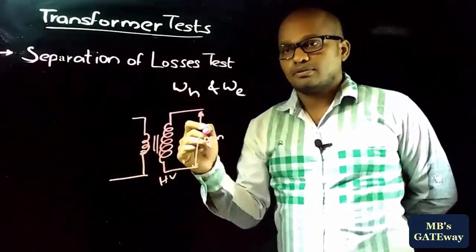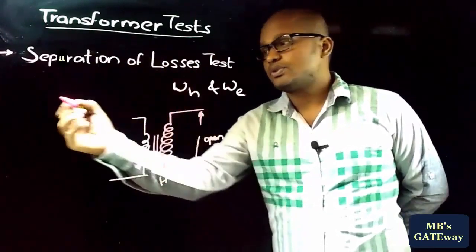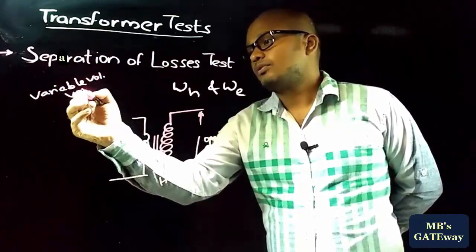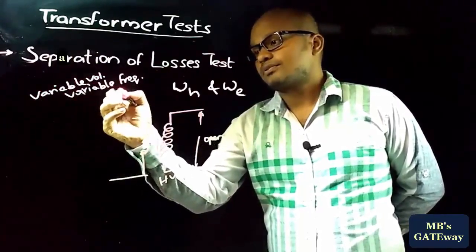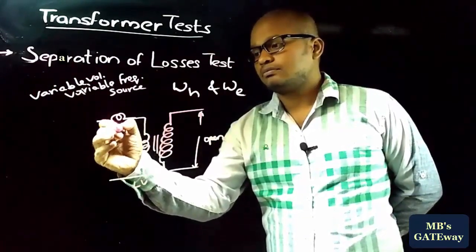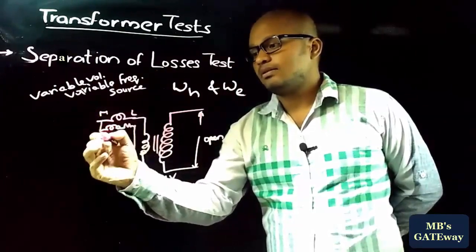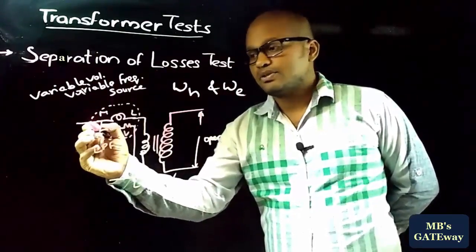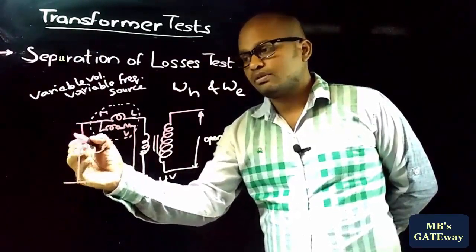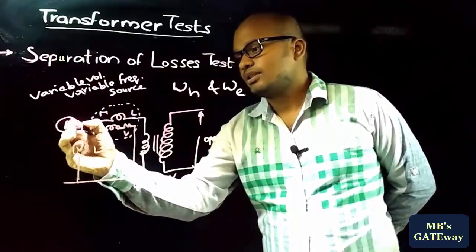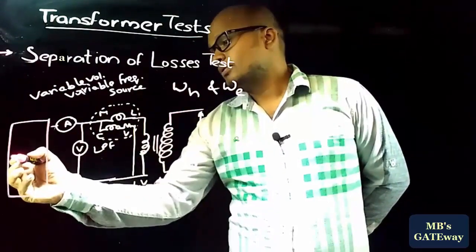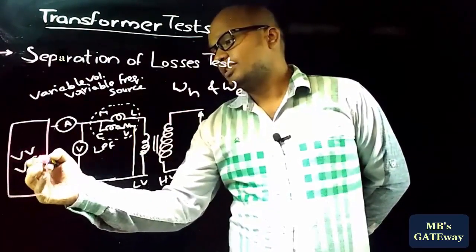But in separation of losses test, the source used is variable voltage, variable frequency source. To measure the input power, we are making use of LPF wattmeter, which has terminals M, L, C, V. And to measure the input voltage, MI type voltmeter, and to measure the input current, MI type ammeter. And here the source is variable voltage, variable frequency source.